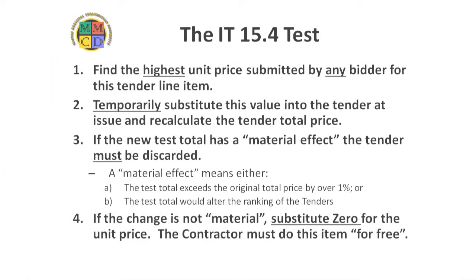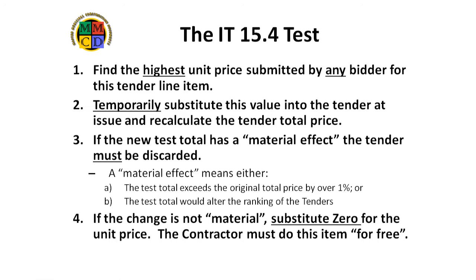So just what is the test an owner must do if both a unit price and an extension are missing from one line item? Step 1, find the highest unit price submitted by any bidder for this tender line item. 2, temporarily substitute this value into the tender in question and recalculate the total tender price. 3, if the new test total has a material effect, the tender must be discarded.